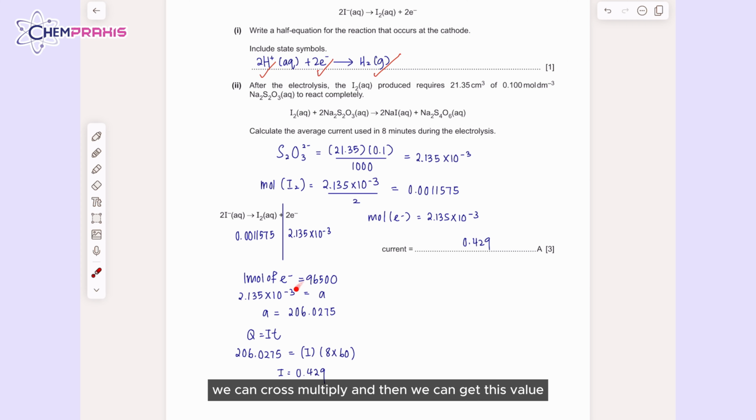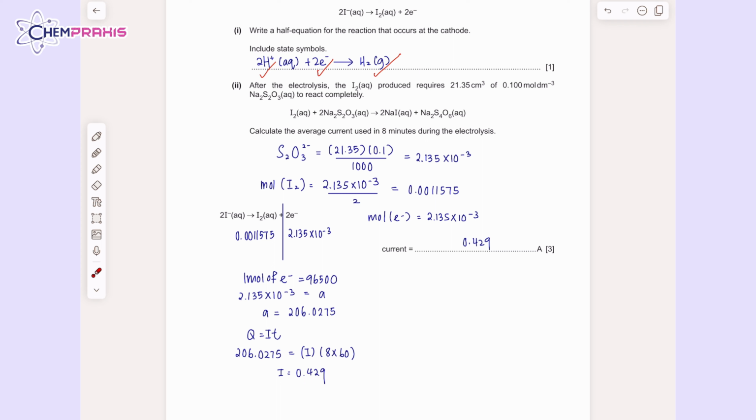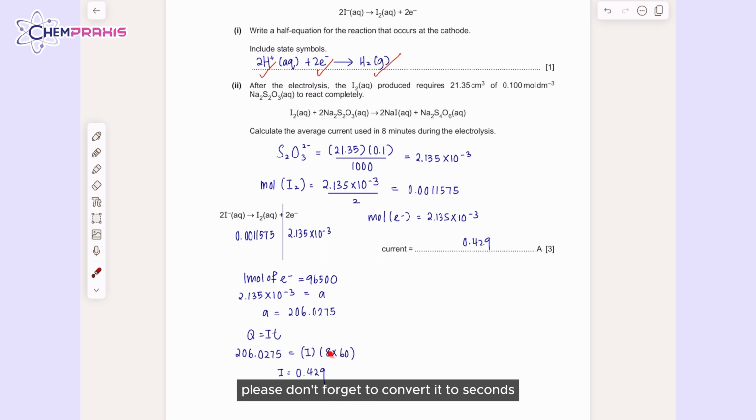We can cross multiply, and then we get this value. Once you find the value of Q and you have the 8 minutes, please don't forget to convert it to seconds. You can find the current at last. So the current is 0.429 ampere.